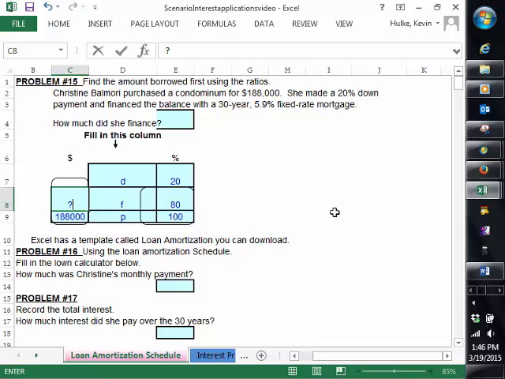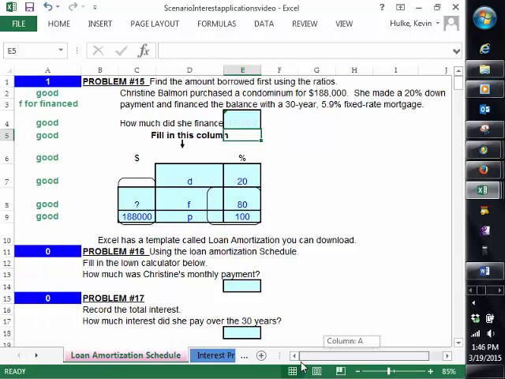So we want to know how much is she going to finance. So we're going to cross multiply 188,000 times the 80% divided by the 100%, and that's the amount that she financed. F is for financed.